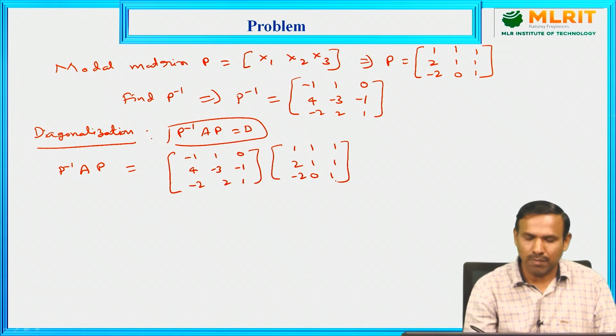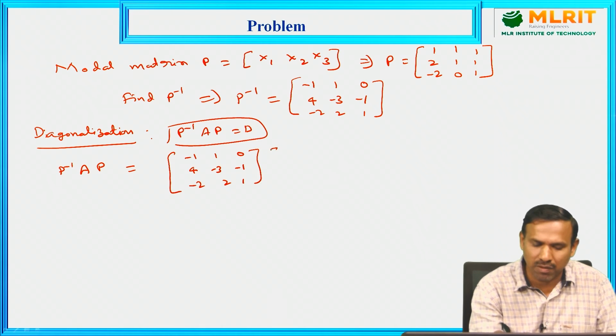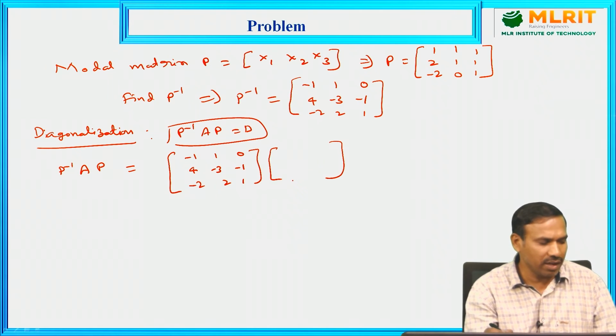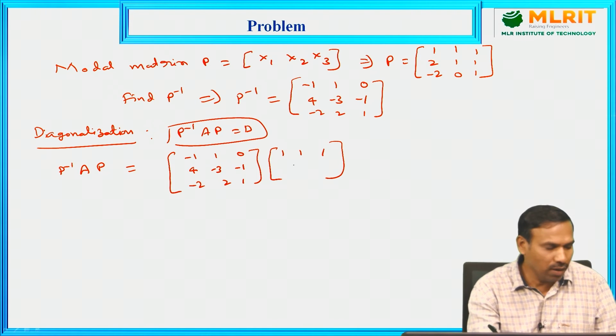Here we can write the matrix A, the given matrix: 1, 1, 1, 0, 2, 1, minus 4, 4, 3.